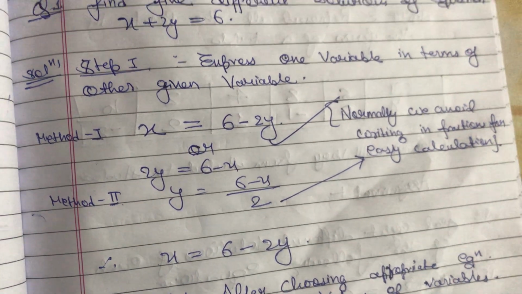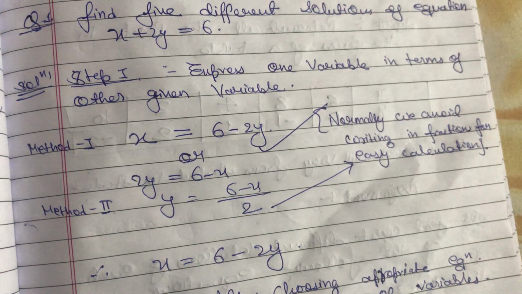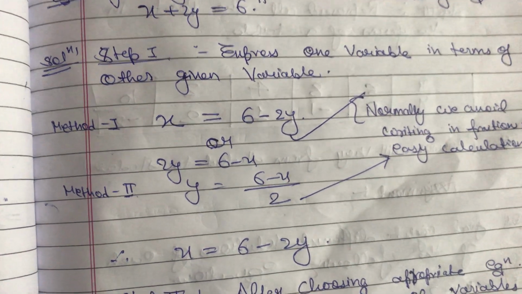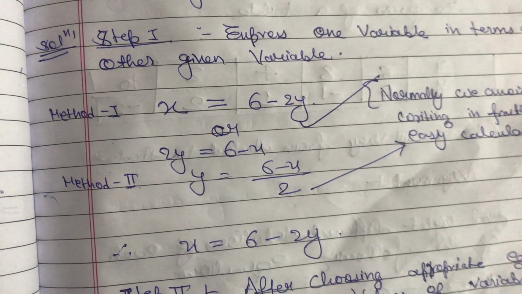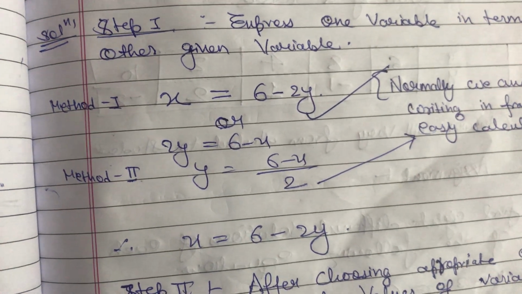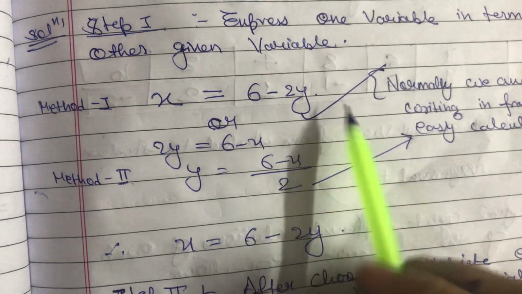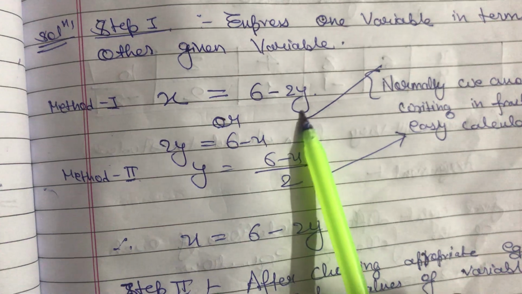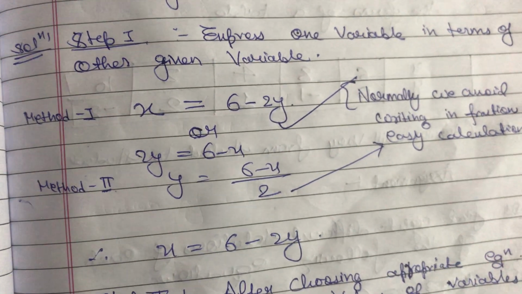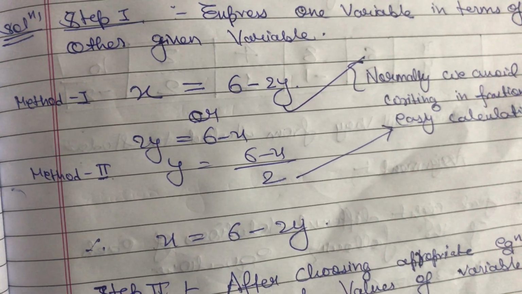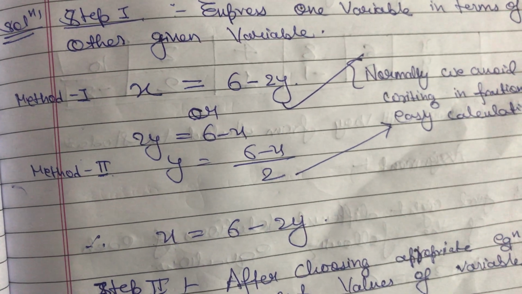These are small tips which you cannot find in your book, and these are from my experience, which I am sharing with you. If in both the equations it is written in fraction, then try to choose the one with an even number at the denominator.